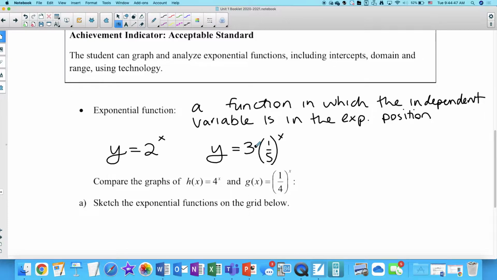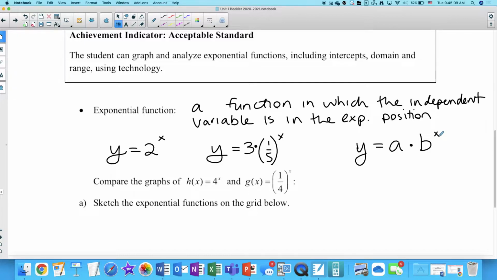In general, in this course anyway, it's going to take this form: y equals a, some number, times b to the power x.